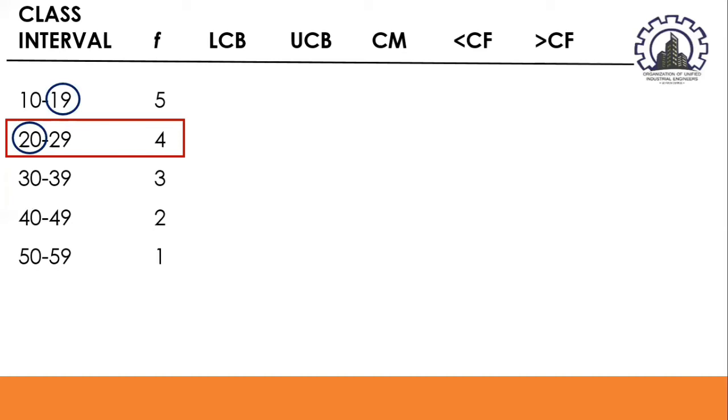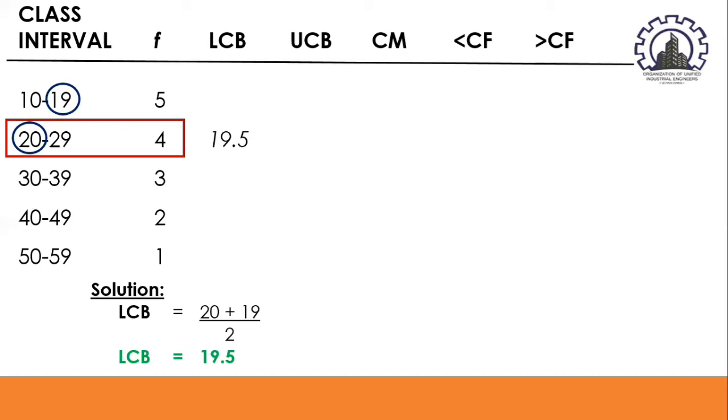Take note, 20 is the lower class limit of your class, and 19 is the upper class limit of your preceding class. So in order to get the value of the LCB, all you need to do is get the midpoint or the average. So you have 20 plus 19 divided by 2. Therefore, your LCB for your class 20 to 29 with a frequency of 4 would be 19.5.